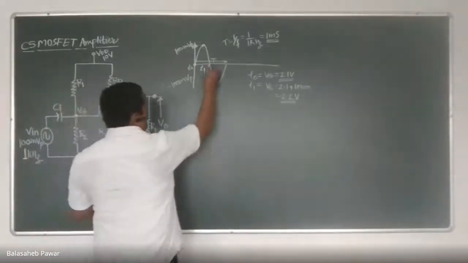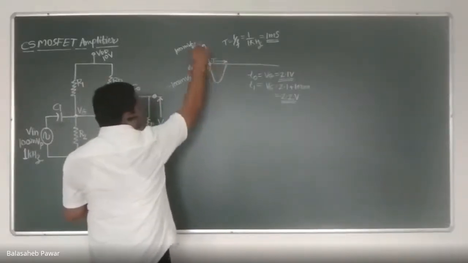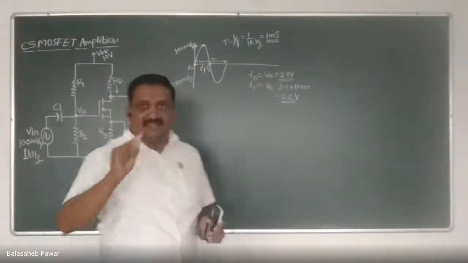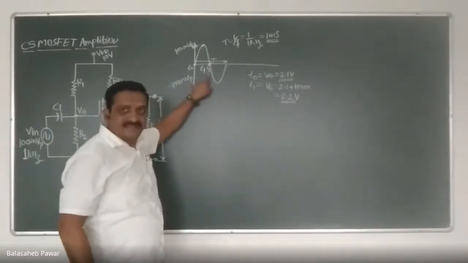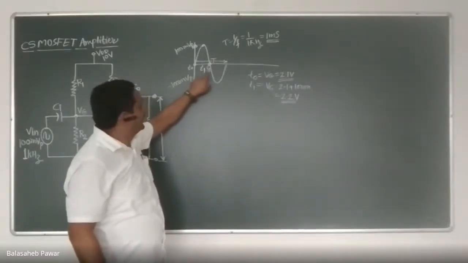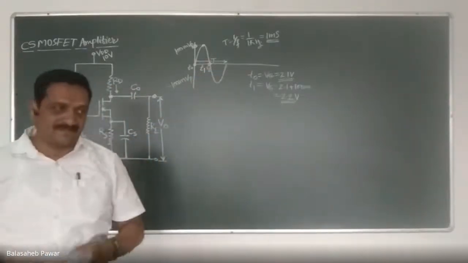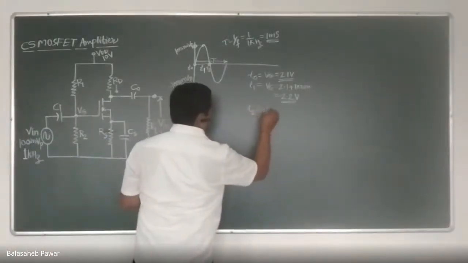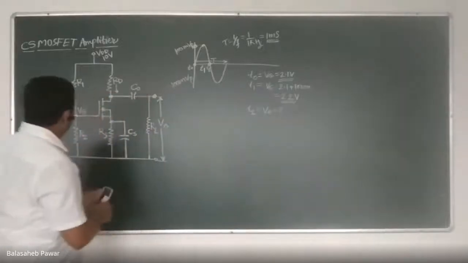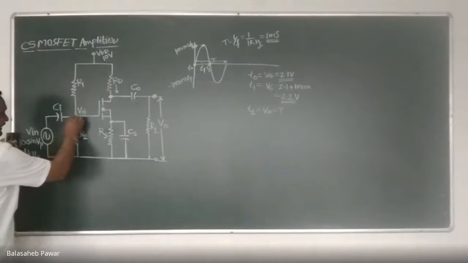Yes, sir. Good. Now, the next time period we'll consider is T2, at which that input signal again goes to zero level at T equals T2. Is it visible properly, whatever I am showing? At T equals T2, that input signal again comes back to its zero level. Again, my question is, how much will be the value of VG? The gate voltage will be at this node where the gate terminal is connected.